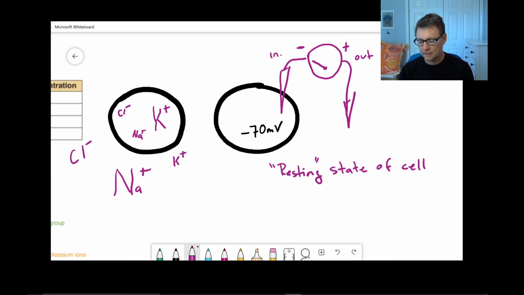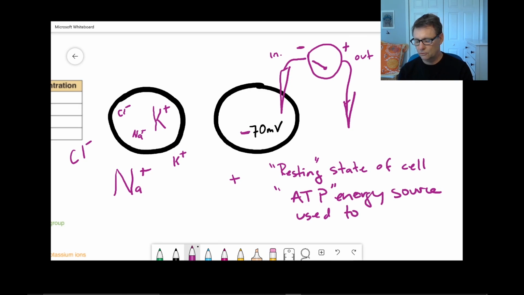But it isn't resting at all, because maintaining this negative inside compared to the positive outside takes a lot of ATP, the energy source used to drive this concentration gradient or electrical gradient and create a resting potential.